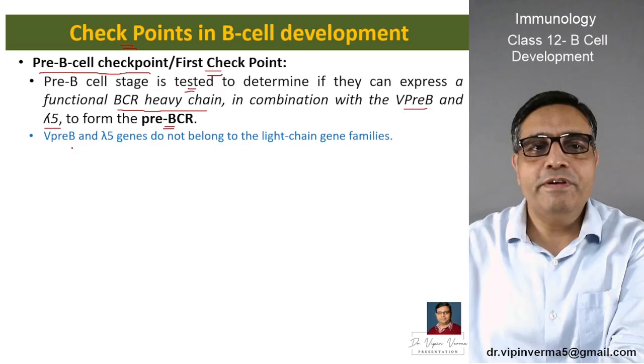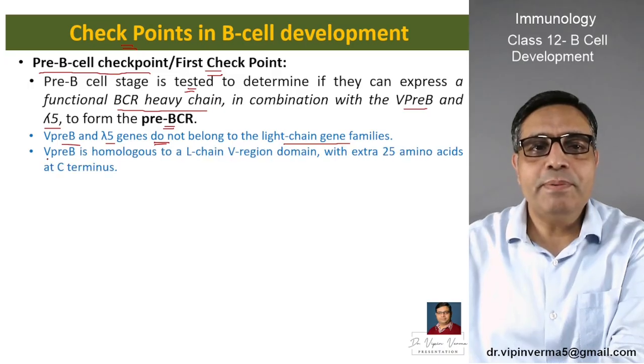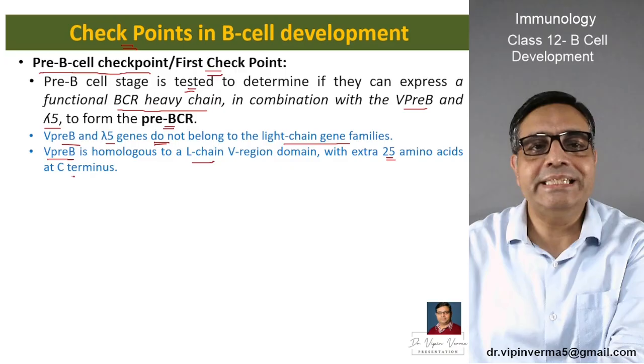Okay. V pre-B and lambda 5 genes do not belong to the light chain gene families. Remember, they do not belong to light chain gene families. V pre-B is homologous to a light chain V region domain with an extra 25 amino acids at the C terminus. That is the difference.